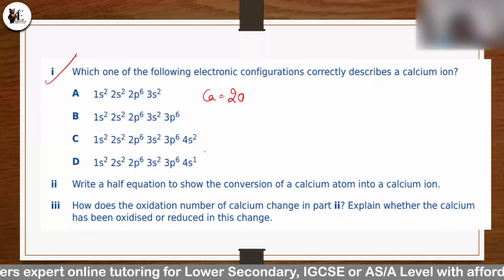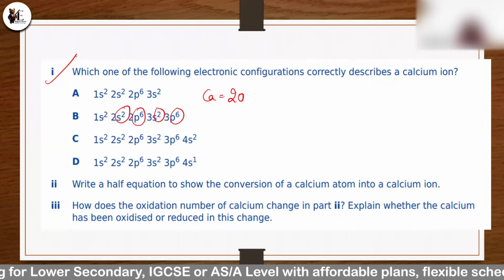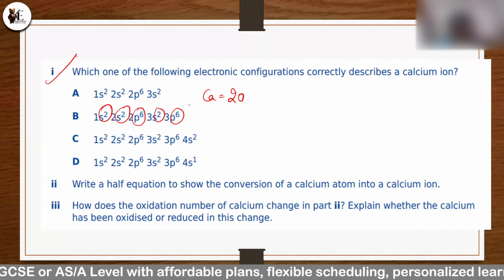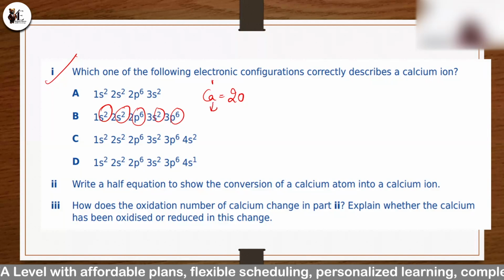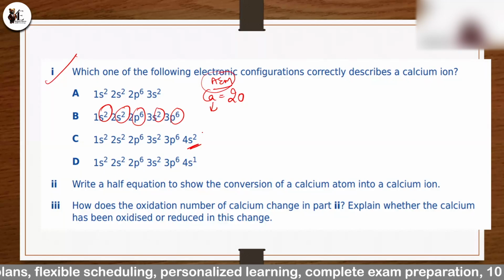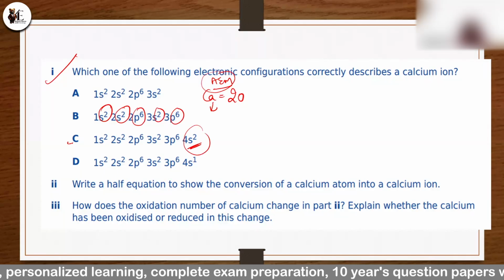Ma'am, B. 6 plus 6, 12, 12 plus 2, 14, 14 plus 2, 16, 16 plus 2, 18. Correct? And calcium is your alkaline earth metal. We have discussed about alkaline earth metals that the outermost electrons should be s2, right? Yes, ma'am. Which is answer C.